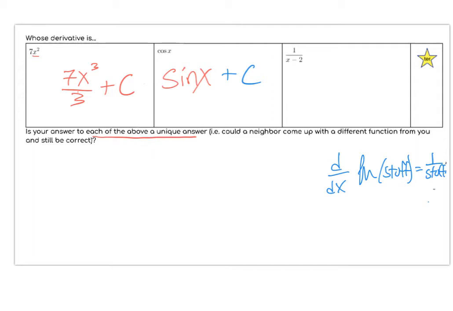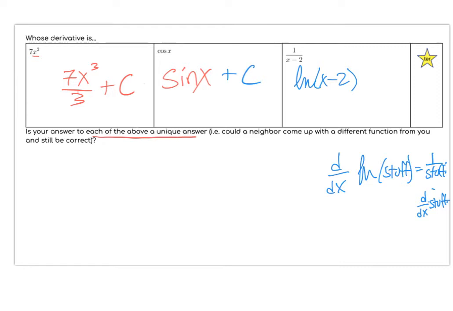I'm running out of room here, so I end up with that on a different line, but that's okay. So if we think about this as 1 over stuff, where x minus 2 is that stuff, it might make sense that this is an ln of x minus 2.